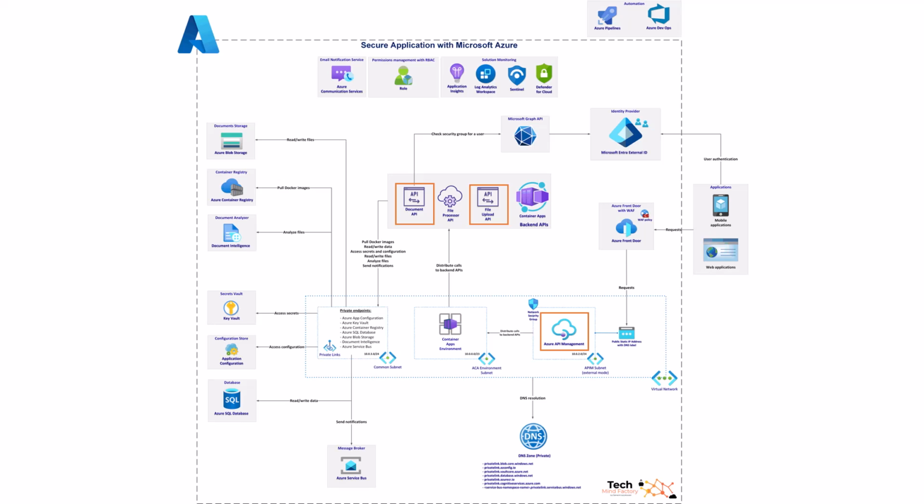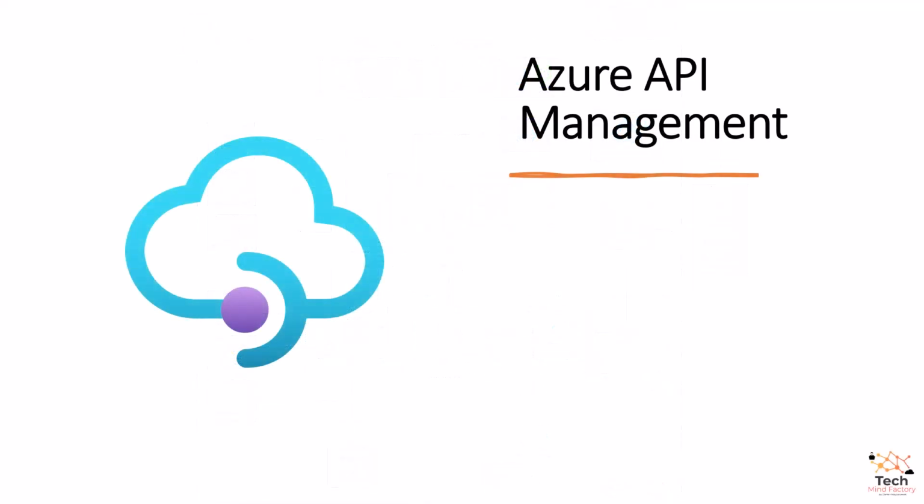To make it possible to call those APIs from the Blazor application we saw in the first video, I use the Azure API Management service here. Direct access is forbidden. All the traffic to those APIs goes through the Azure API Management service. Now you can ask, what is Azure API Management?